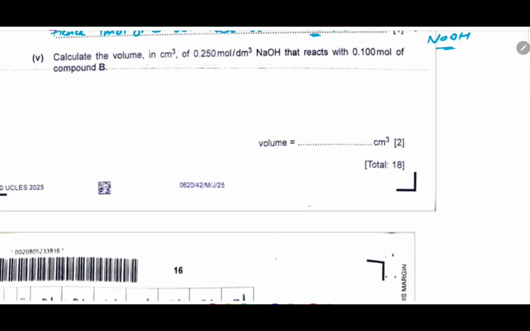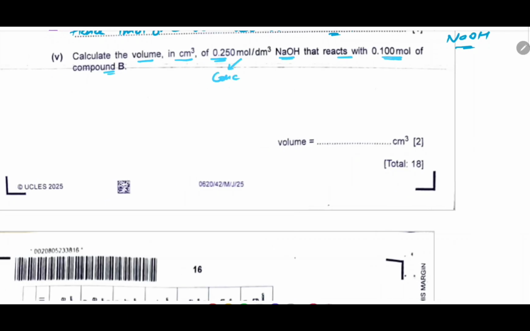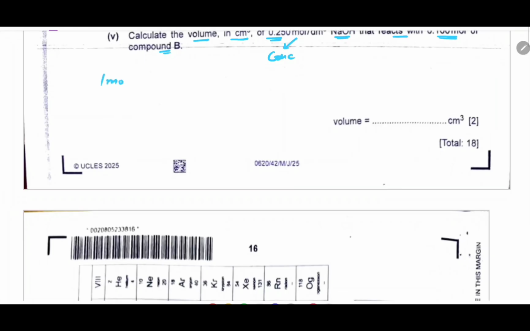Okay. The next part is to calculate the volume in cm³ of 0.250 mol/dm³ NaOH. What is this? The concentration of NaOH that will react with 0.1 mole of compound B. According to the first part, 1 mole of compound B reacts with 2 moles of NaOH.